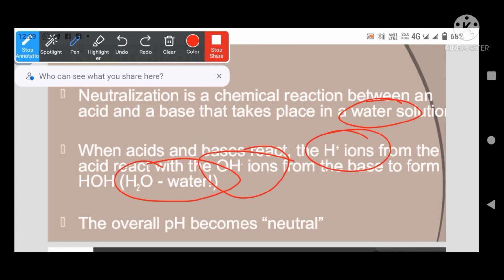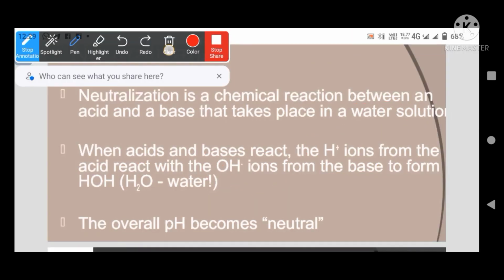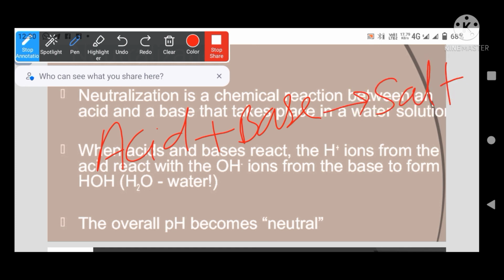We write this reaction like this: acid plus base gives salt plus H2O.